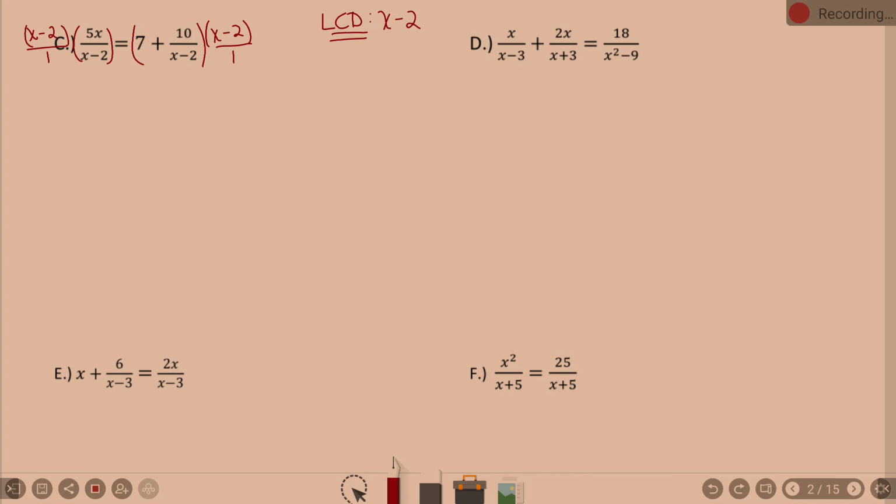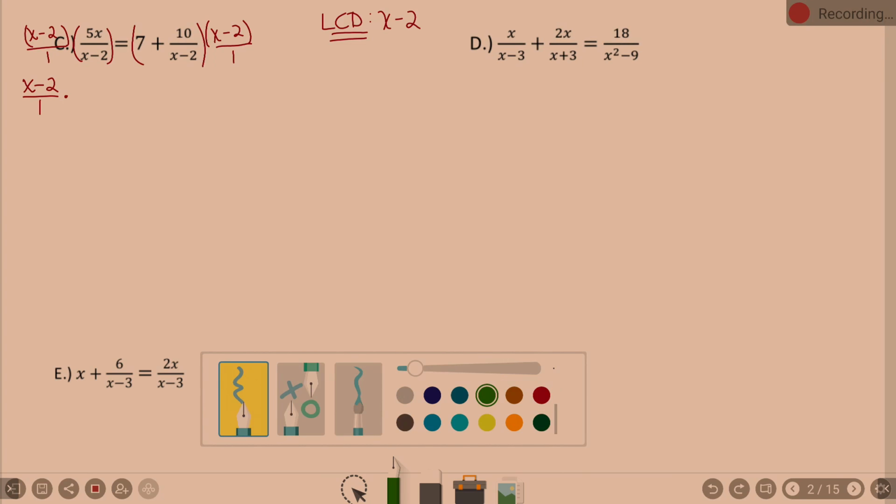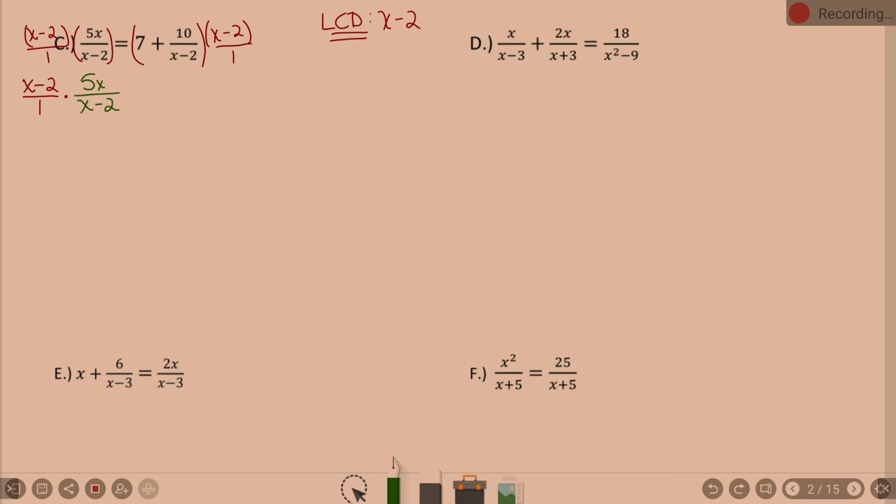You can write out as little or as much work as you want on this. What I'm going to do is show the multiplying by each part. So the first part, I'm going to start by multiplying by x minus 2. So the left, 5x over x minus 2, is going to be multiplied by x minus 2.